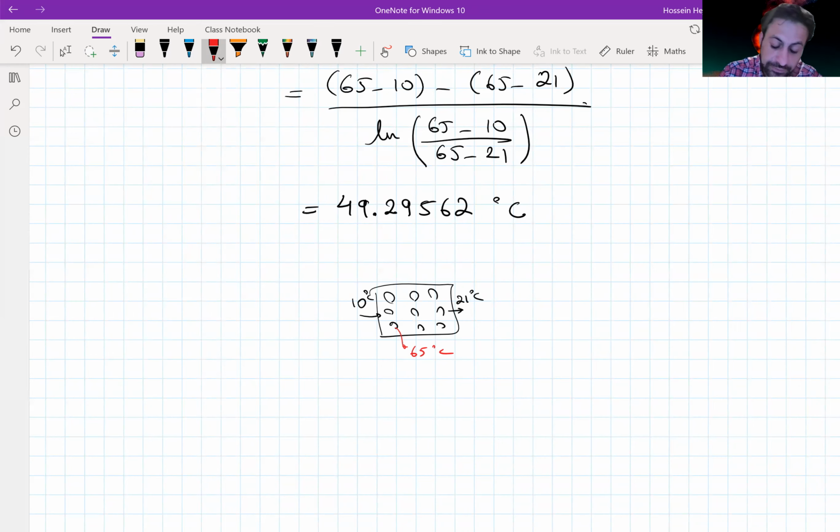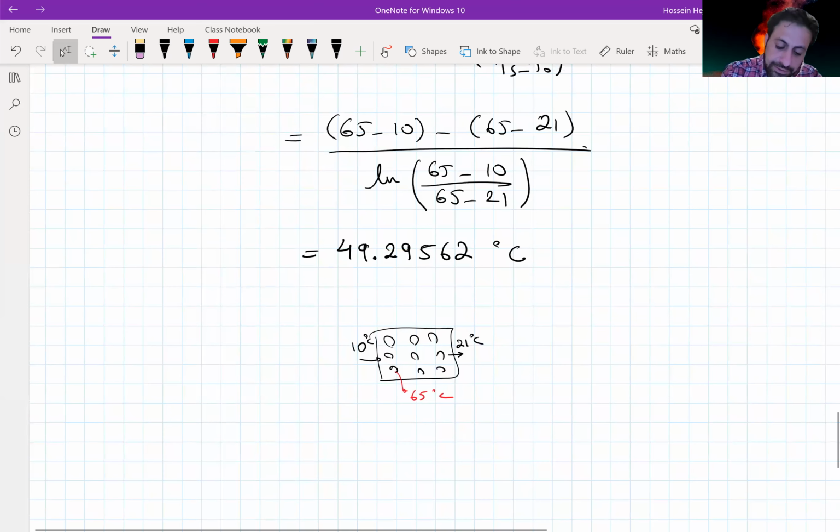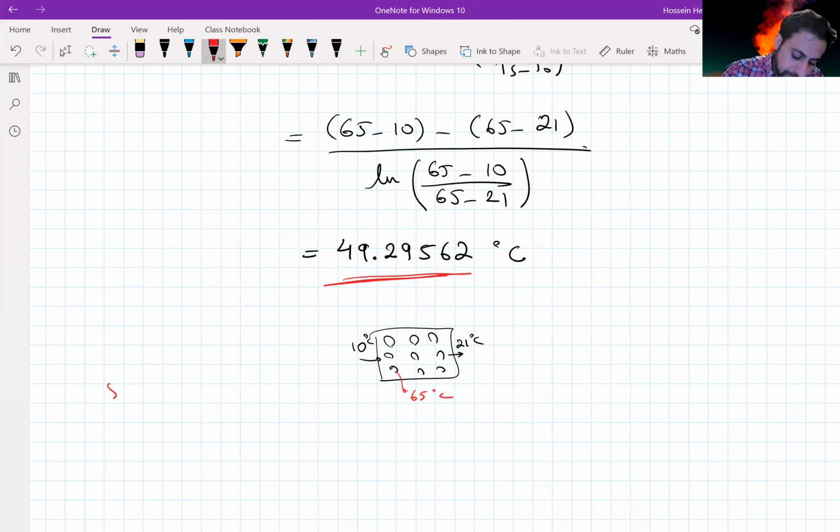If you use the outlet one, it's going to be 44. Now, what we need here is an average, and from the energy balance equation, that was the average that we were getting for the temperature. So instead of either of them, we're going to use this number for calculation of Q in the next step.